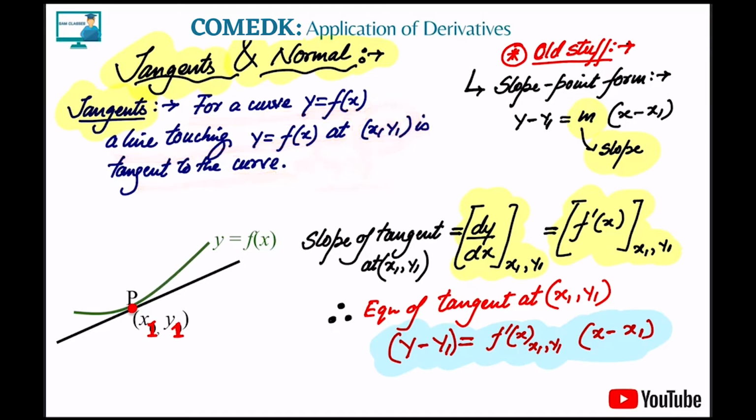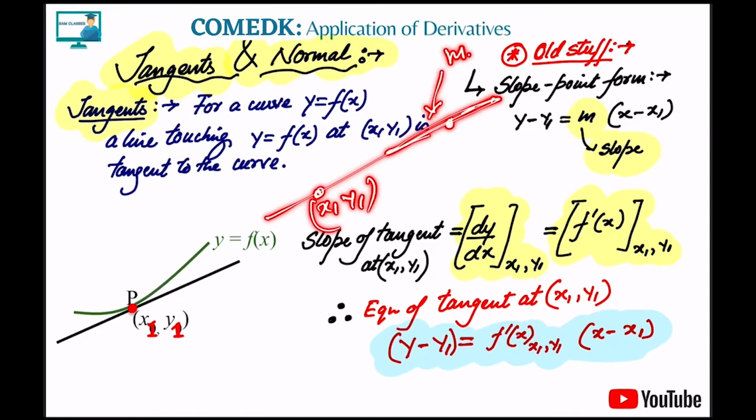Now some old stuff from first PU, the point-slope form. Whenever we have one point and one slope, how do we write the equation of a line? Let's say we have one point (x1, y1) and the slope of this line is m.